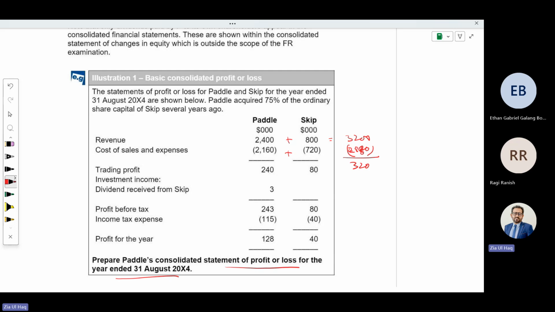This dividend was received from Skip, so we need to deduct this 3, so this will be nothing. So profit before tax will be 320. The income tax, we will add both, so that will be 155. So profit after tax will be 165.